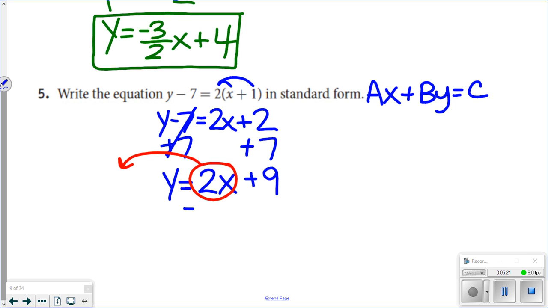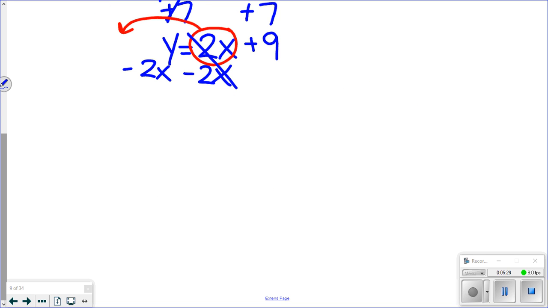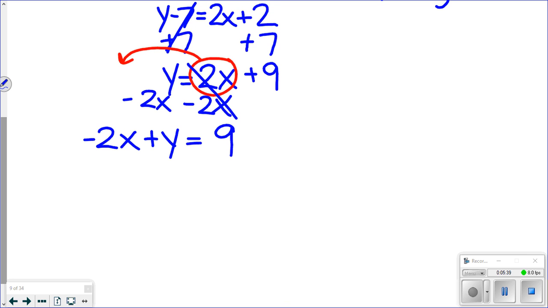So let's subtract 2x. These cancel. So I have negative 2x plus y equals 9. And I wrote my 2x first because that's standard form. Ax plus by equals c.